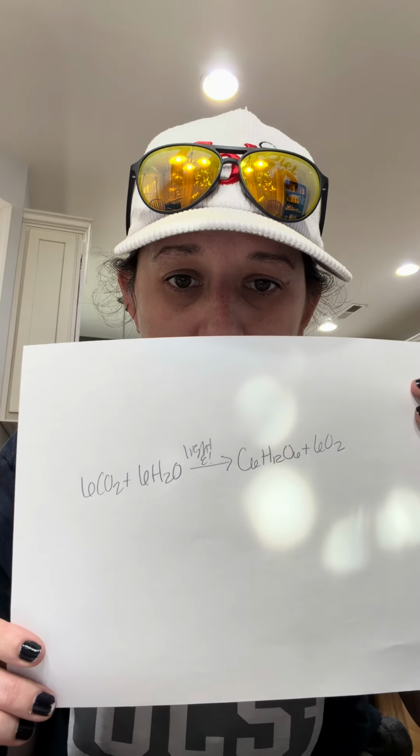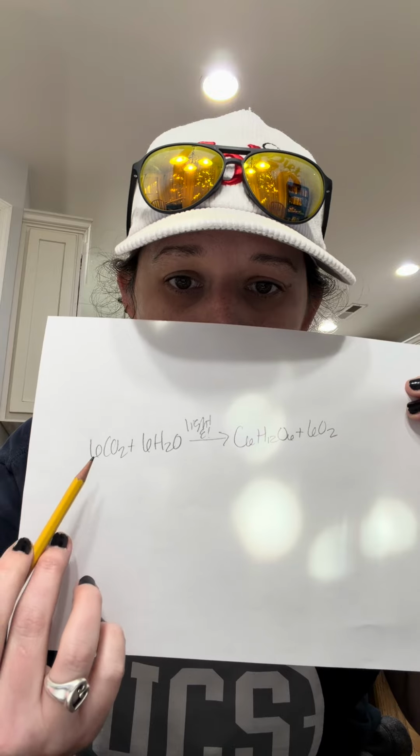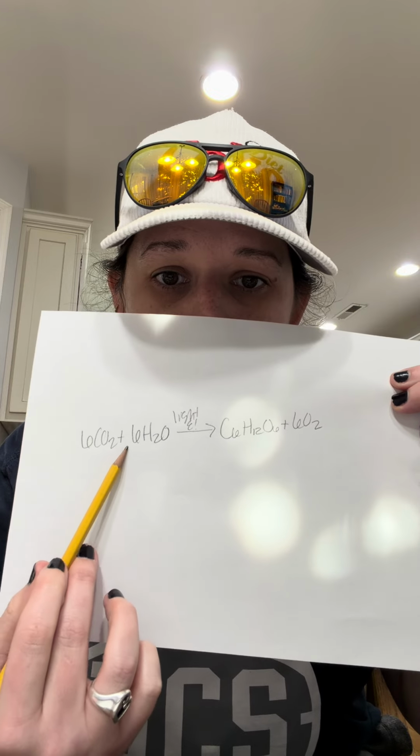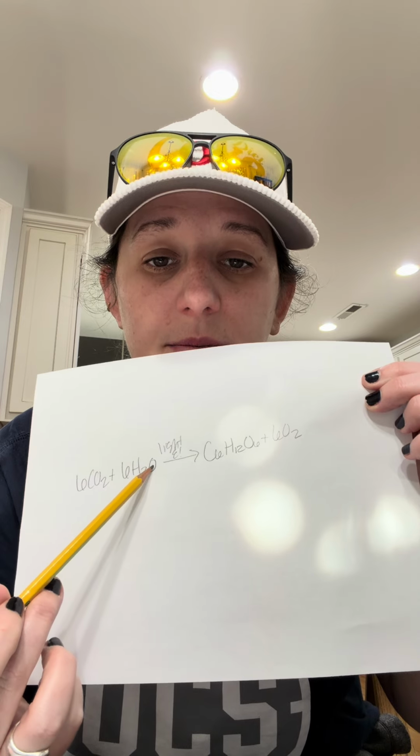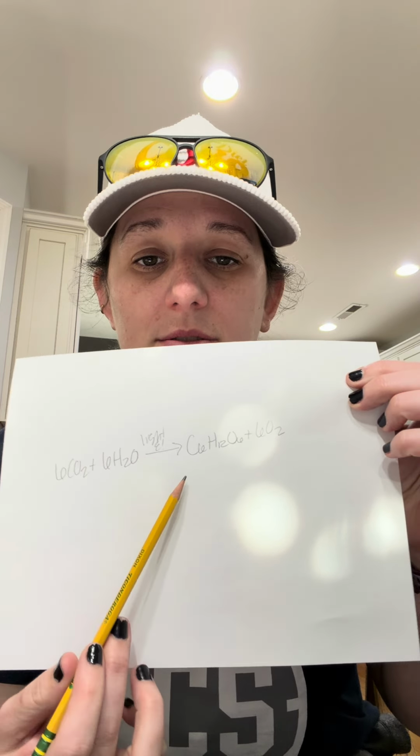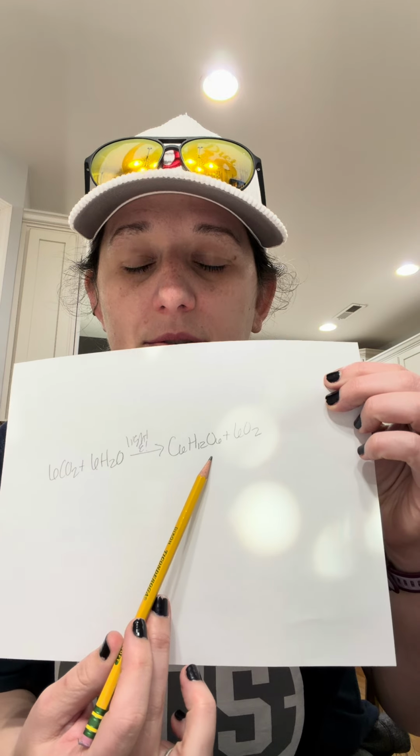Okay, that's what it looks like balanced. So 6 carbon dioxides plus 6 waters with light energy. Light energy could also be written plus light energy, and then it yields C6H12O6, which is glucose, plus 6 O2s, which is oxygen. Remember, chemical equations don't count unless they're balanced, okay?